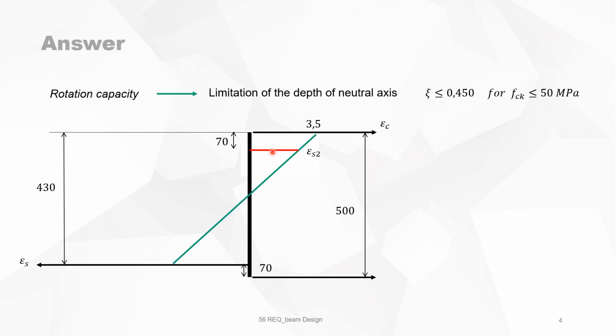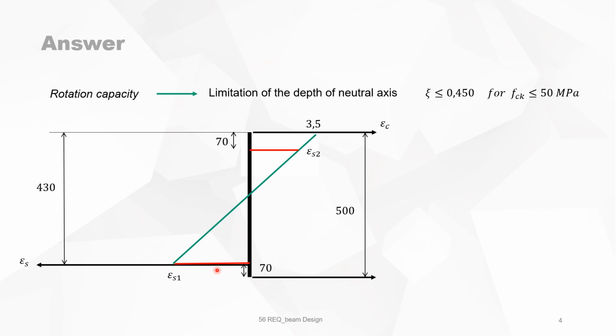This is the strain in the compression reinforcement. Notice that epsilon s2 is relatively close to the 3.5 per mil. So it means that this is probably bigger than 2.17, but we have to check that this steel is also yielding.